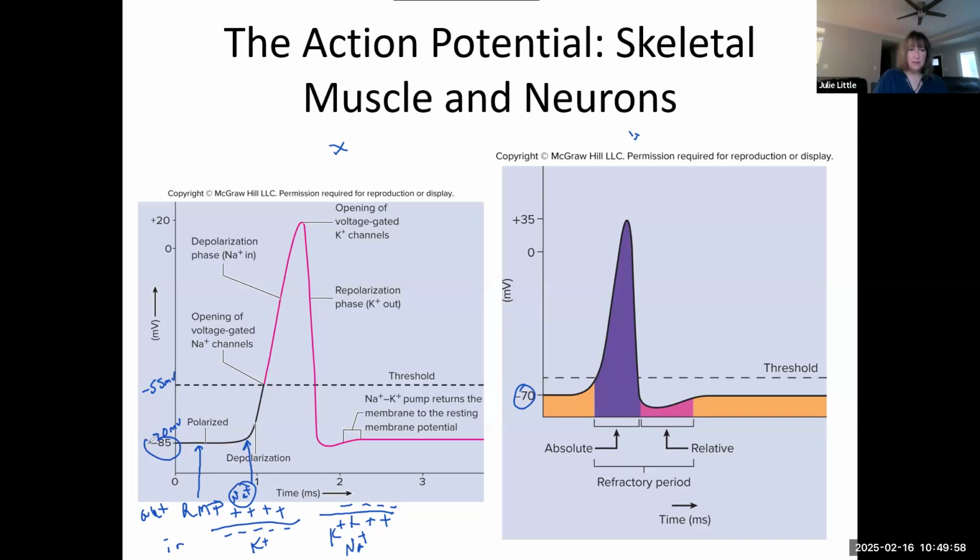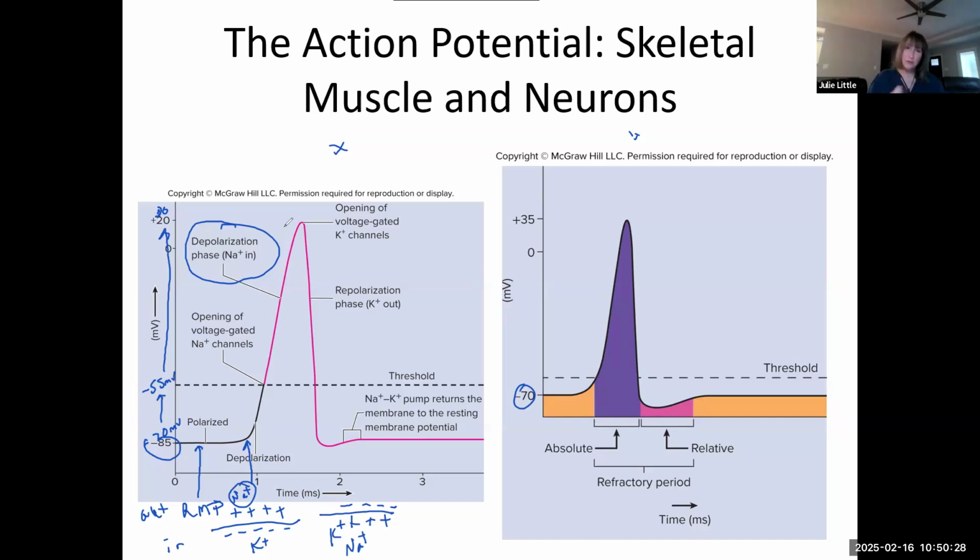We start off with, say, -70 millivolts, -55 is depolarized because this is more positive or less negative. And we go all the way up to +20. I've always used +30, it just makes it easier to be consistent for me. But during this phase of depolarization, we have sodium rushing into the cell because the sodium gates are open.